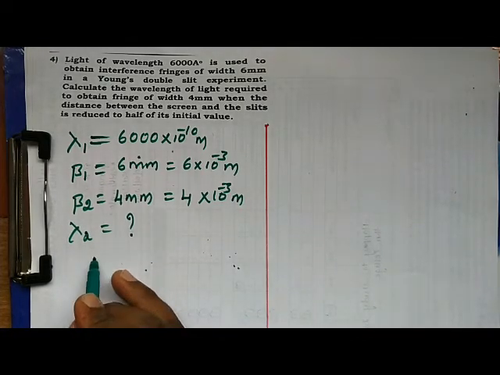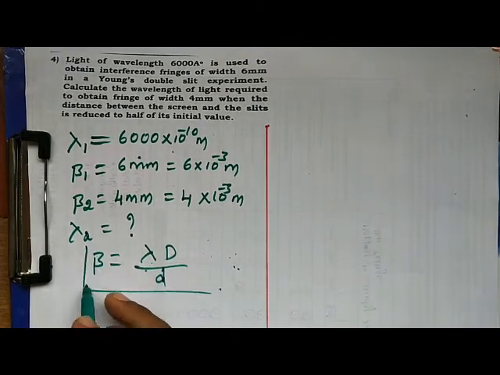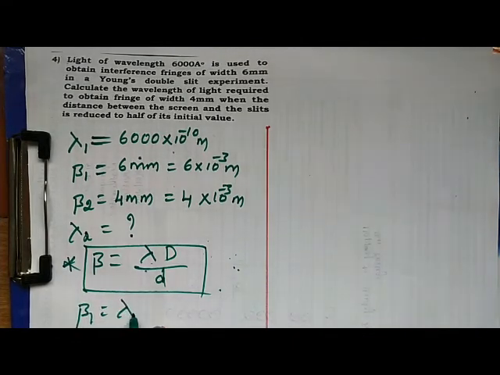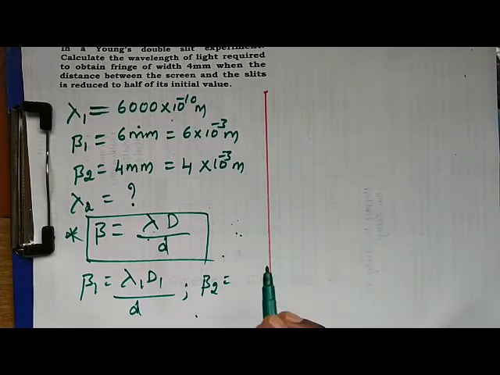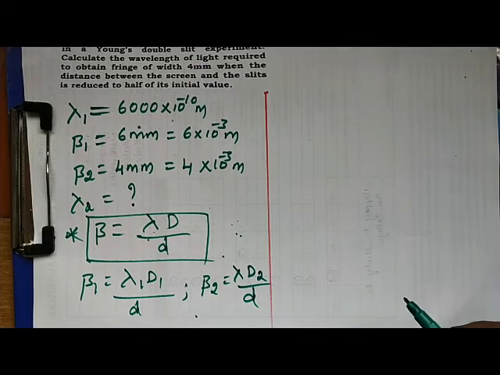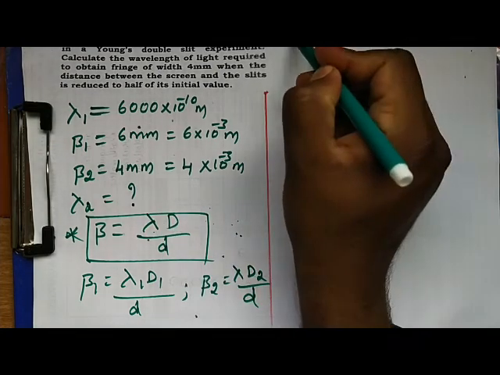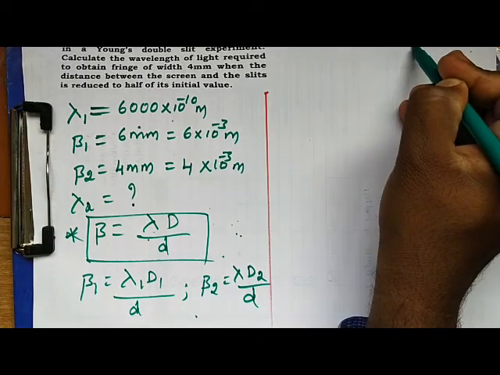The required formula is beta equals lambda d divided by D. Beta 1 is lambda 1 d1 divided by D, and beta 2 is lambda d2 divided by D. The initial distance I take as d1 equal to d, and d2 equal to d by 2, as per the given data.